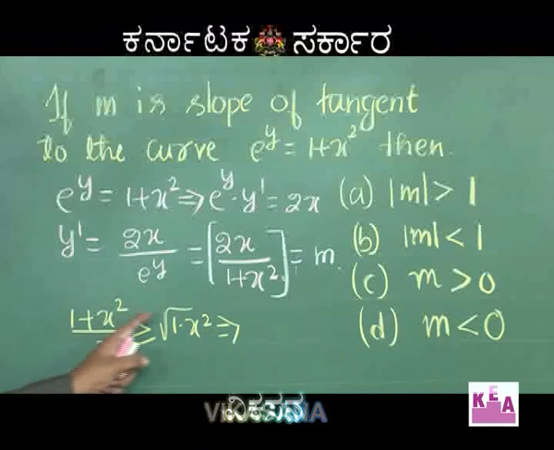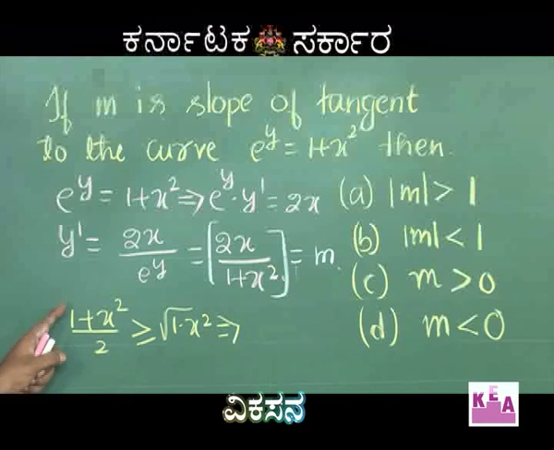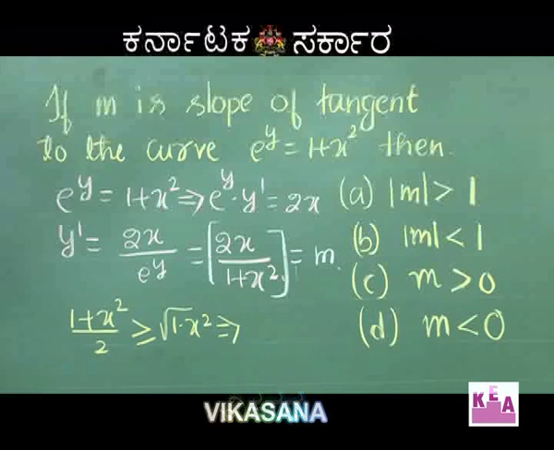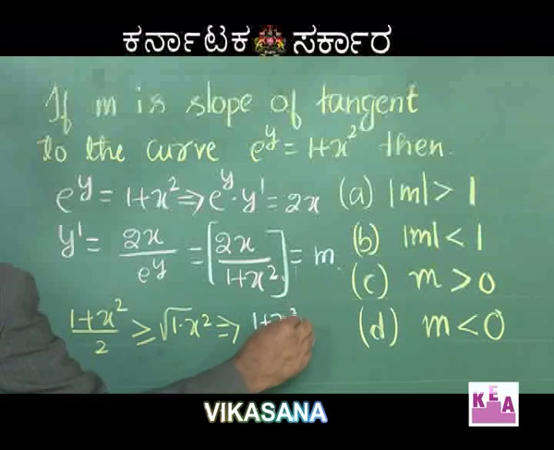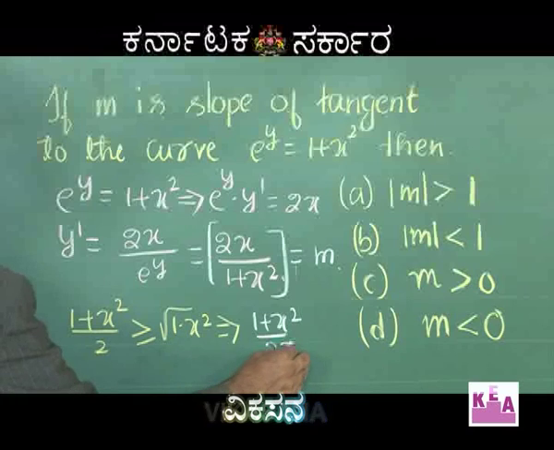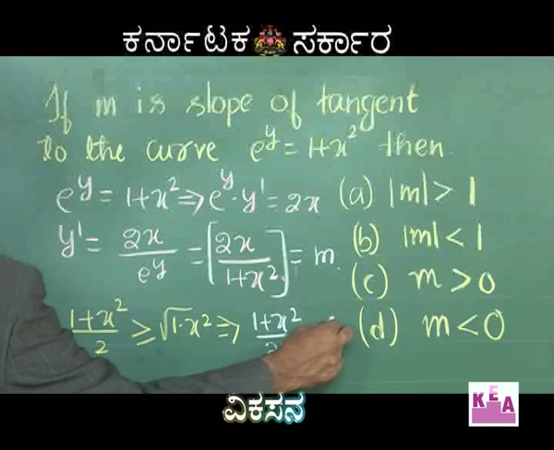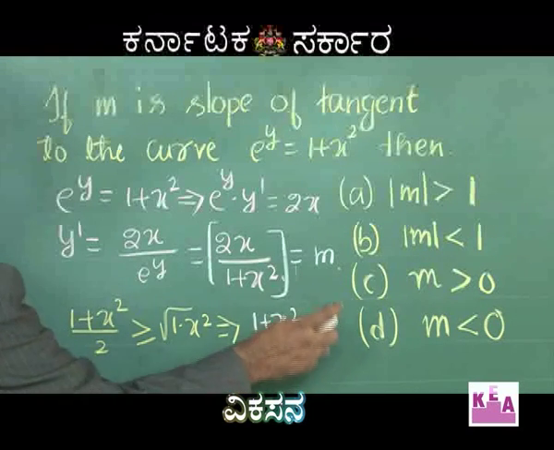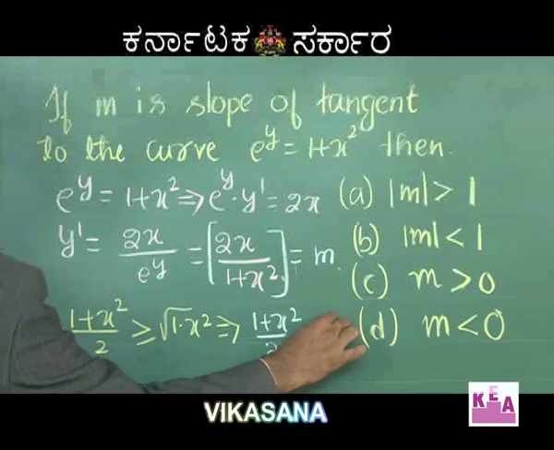So 1 plus x square divided by 2x is greater than or equal to 1. In this case they have given only greater than and lesser than, so I'll write greater than 1.